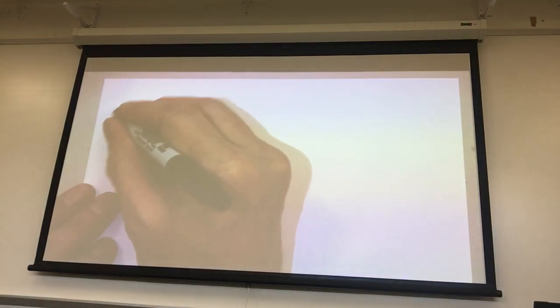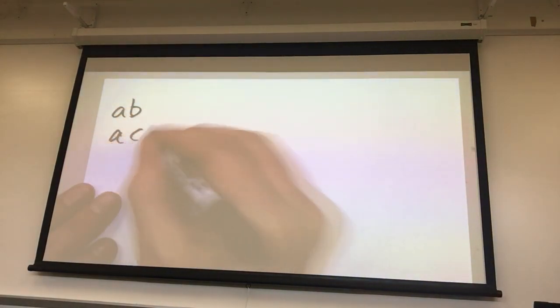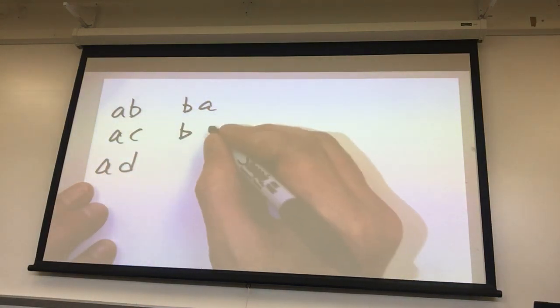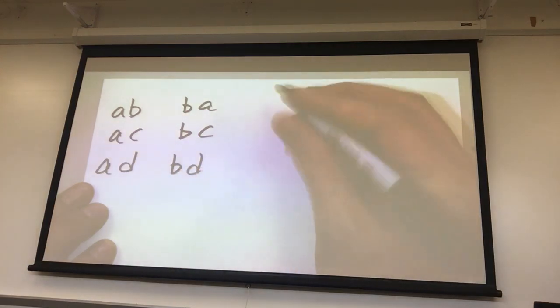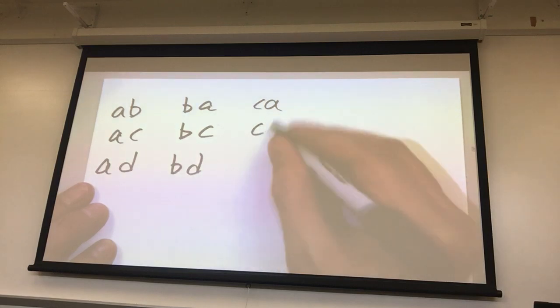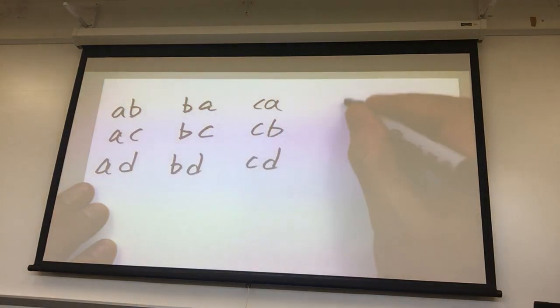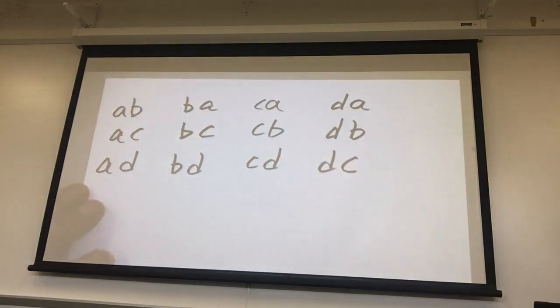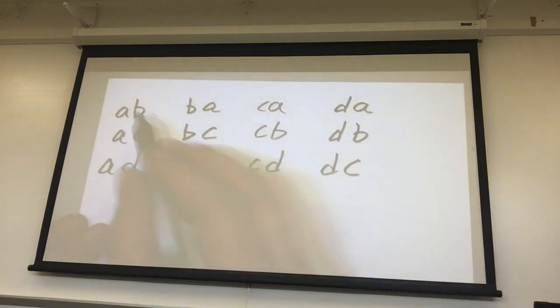I'll write it down again. All second ordered permutations of this set of 4 were AB, AC, AD, BA, BC, BD, and then CA, CB, CD, DA, DB, DC.